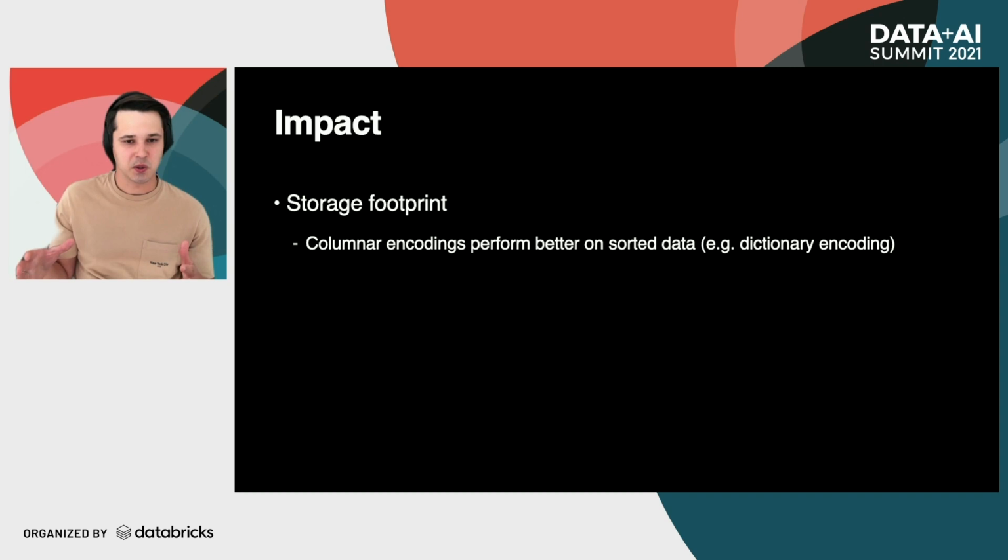Also, dictionary encoding is extremely beneficial for your queries, because if you're looking for a given set of keys, you will be able to check the dictionary and you will immediately know if you need to read that row group or not. And this will allow you to skip irrelevant row groups.